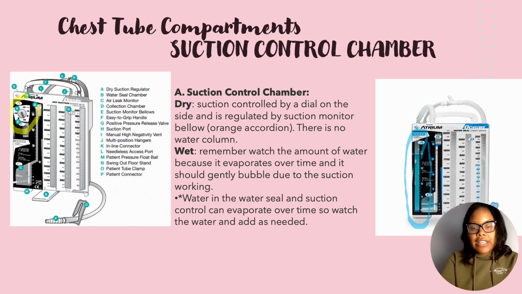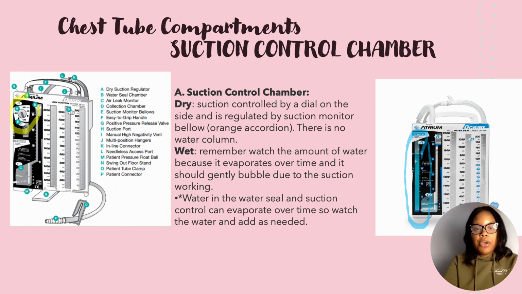You can't see it well on this one, so I would suggest that you look up these images so you can see a clearer picture. But you can see that on the wet suction, it'll have numbers on it, the same -20, -30, -40, and you would just fill water up to the appropriate suction.